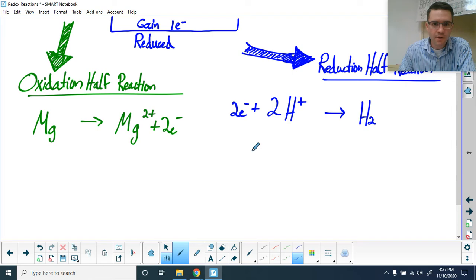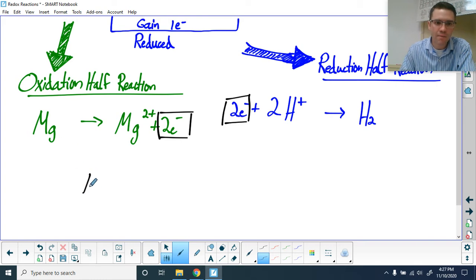And now if you compare these 2 reactions, the thing that we're looking at is our number of electrons. Are the number of electrons transferred the same? We're gaining 2 and we're losing 2. It is. We don't have to multiply by any multiple here for our half reactions. We can just add our half reactions together. And if you add your half reactions together, you get magnesium on your reactant side, plus from our reduction half reaction, we get 2 electrons plus 2 H+.